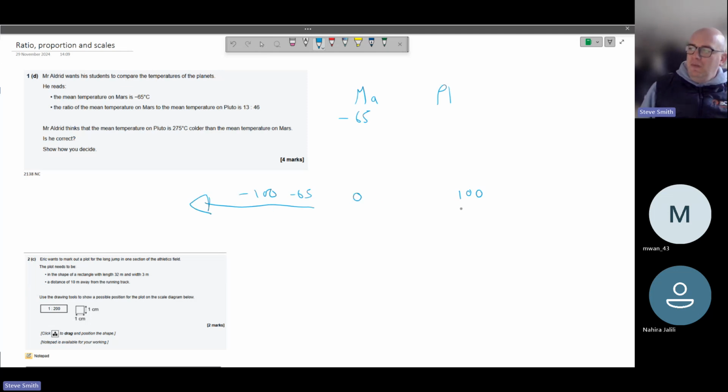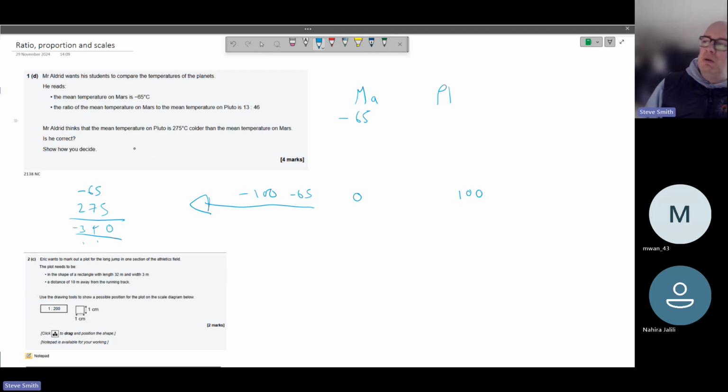Colder than -65 is taking it that way. So that's 0, and that's boiling. So if we're going colder than -65 by that many degrees, we're simply going to add, and we'll do it over here, -65, add another 275 to it. We're literally going to be saying that it is -340 degrees.